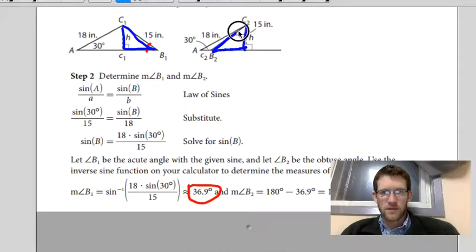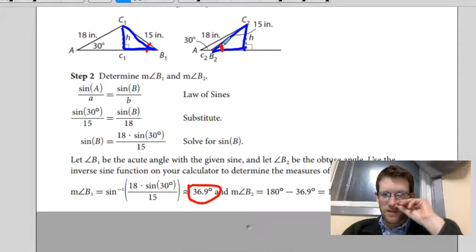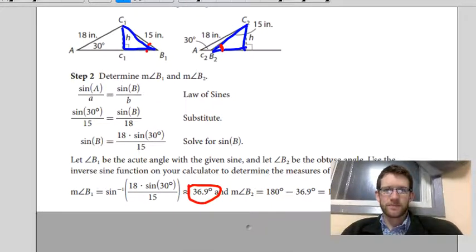We know that these two triangles are congruent using hypotenuse-leg. We know that this angle is 36.9, therefore this angle is 36.9. And since this is a straight line, angle B2 and 36.9 are supplementary. So to find angle B2, we can simply subtract it from 180.